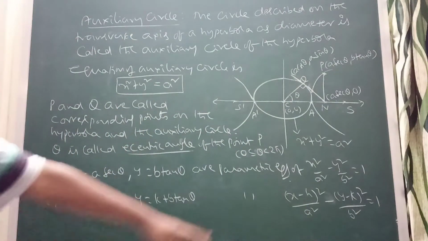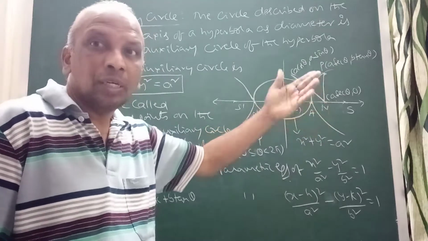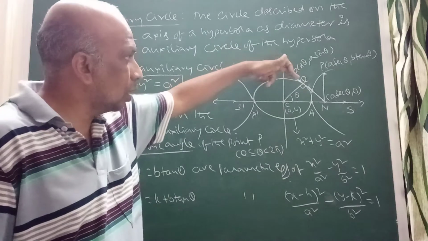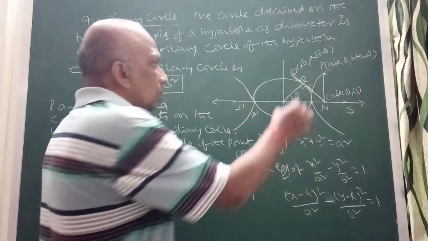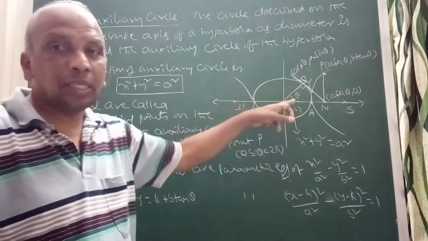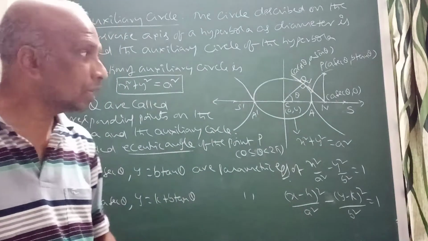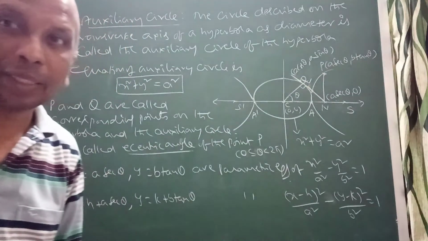Now here you will take a tangent to the auxiliary circle. This one makes an angle theta here. This is the point Q, and theta is the eccentric angle. A cos theta, A sin theta is a point on the auxiliary circle. The point on the hyperbola is a secant theta, b tan theta.